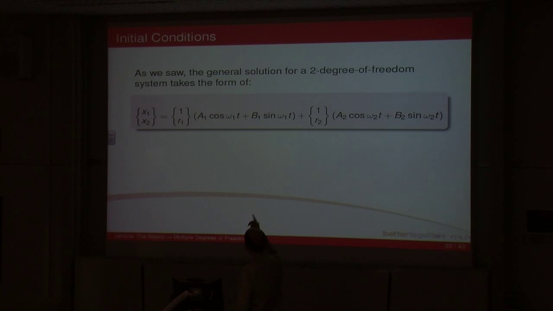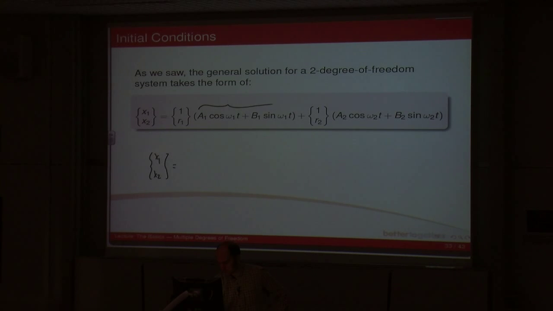So this equation is what we saw before, except I've written it in a slightly different way. This is still equivalent to the form that we had before, where this bit here equals C1 cosine omega 1 t plus phi 1. They're the same thing.